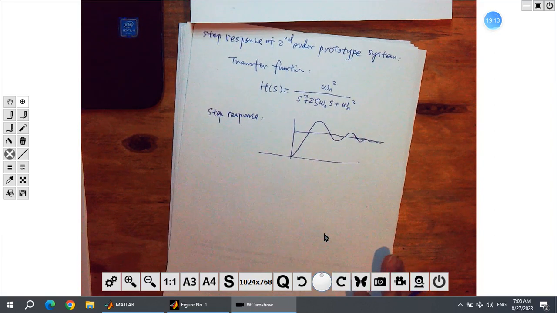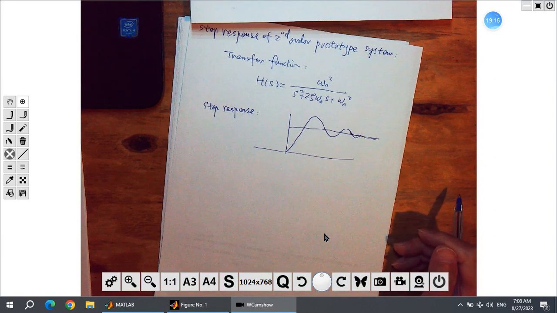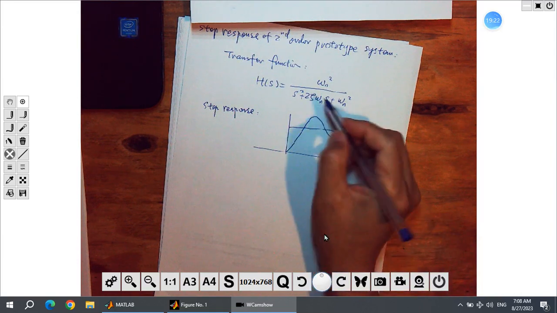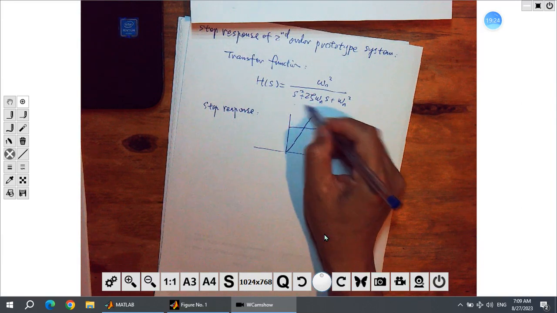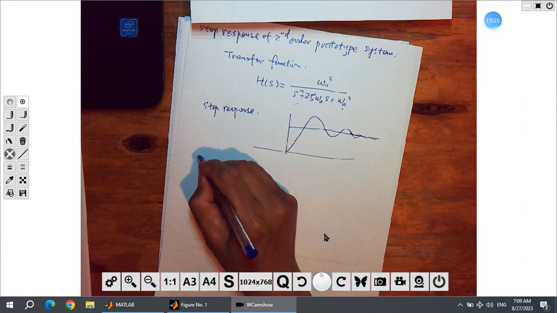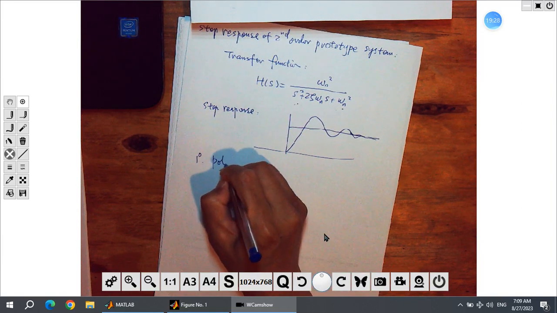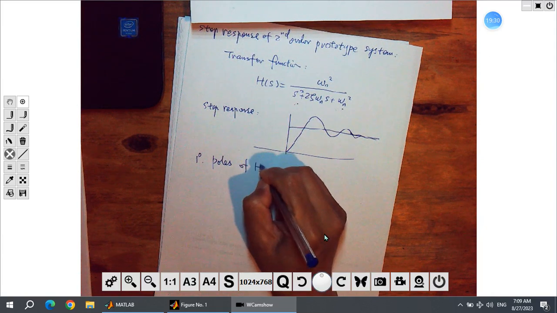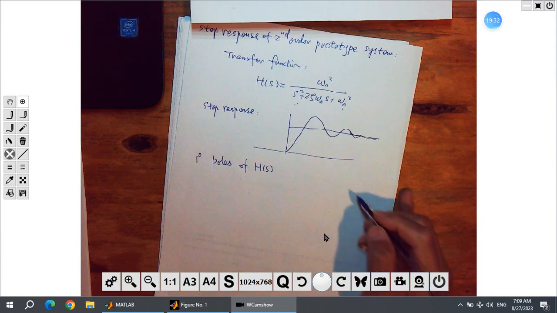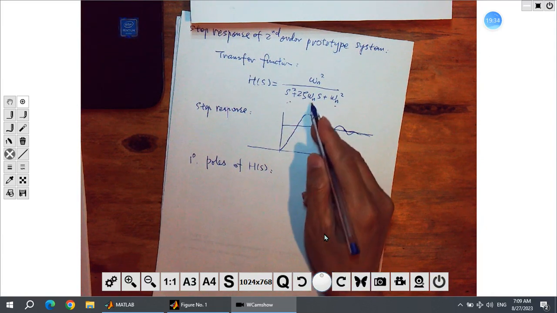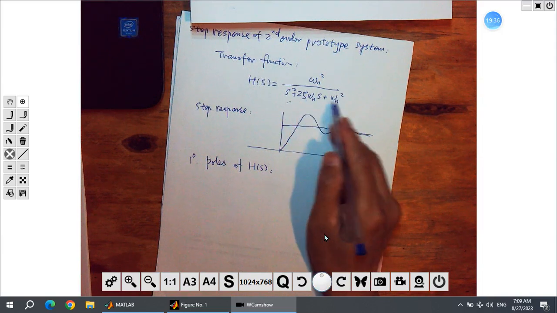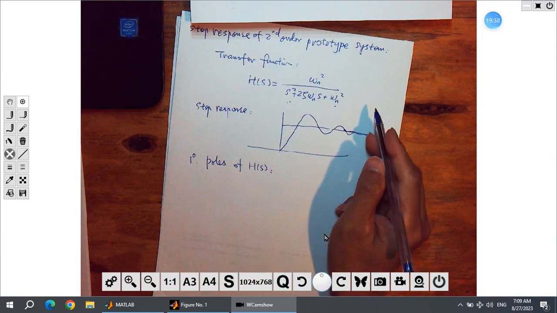Here we want to know some more details about this step response. The first one, we want to know the poles of this one, poles of the transfer function. Then we let the denominator equal to 0. Then you solve it.